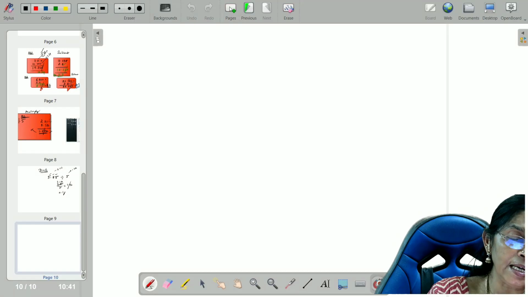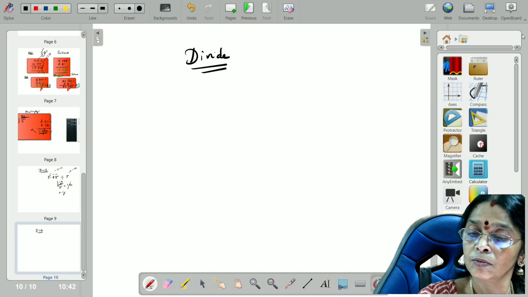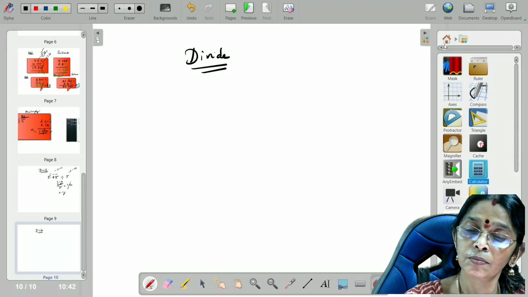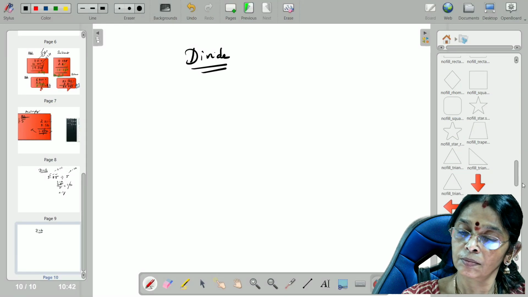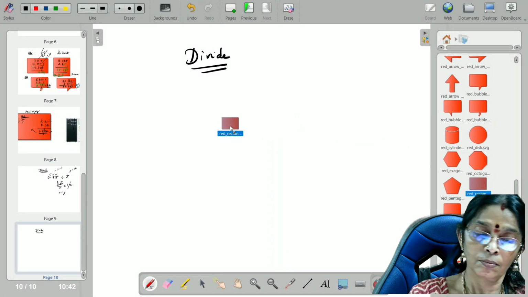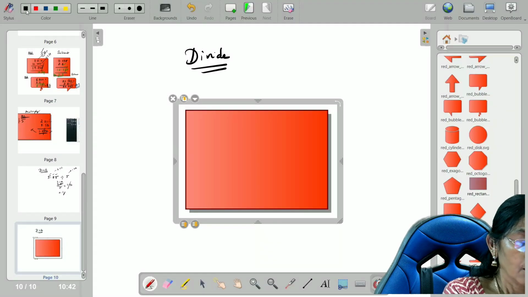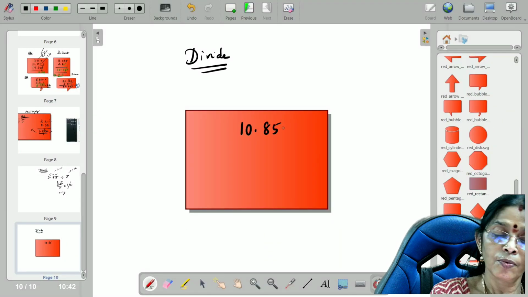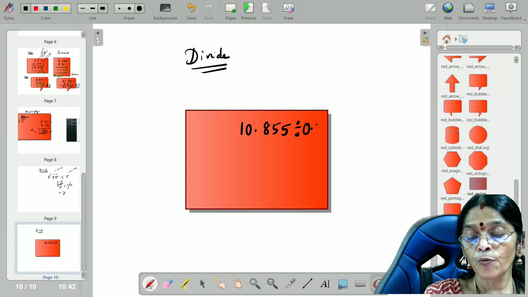So one more quickly we will see. Divide. 10.855 divided by 0.50.